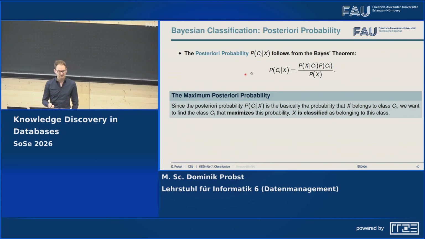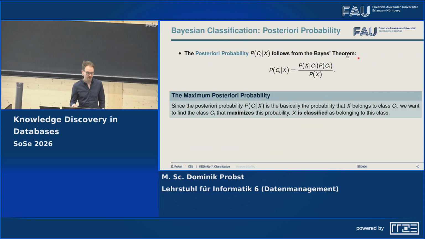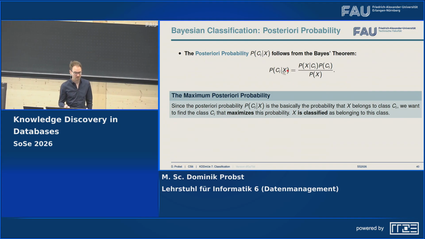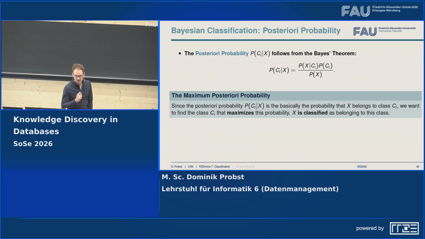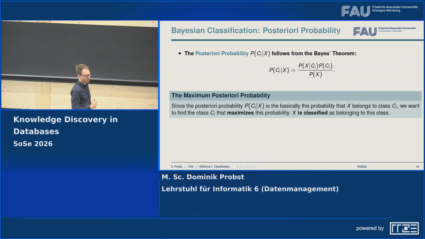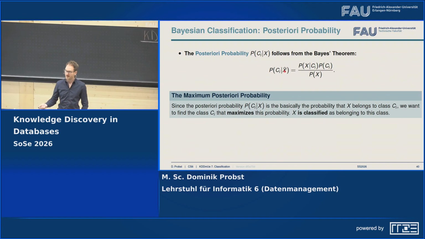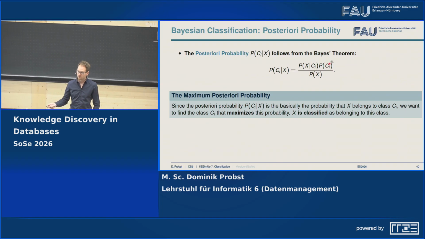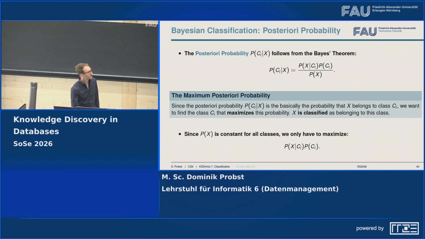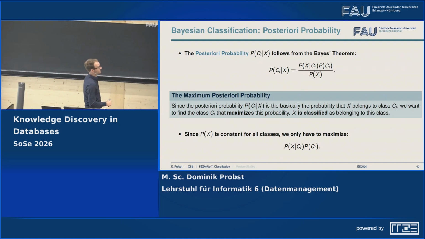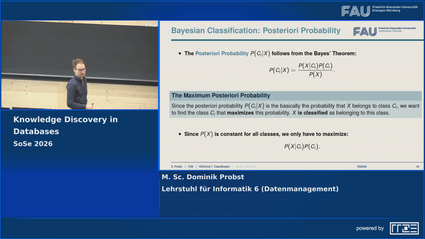we do not really need the full term in here, the posteriori probability. Since we want to try to maximize the posteriori probability, it's enough to maximize this part of the formula. We do not really need P of X. So we only have to maximize the likelihood times the probability of a class.